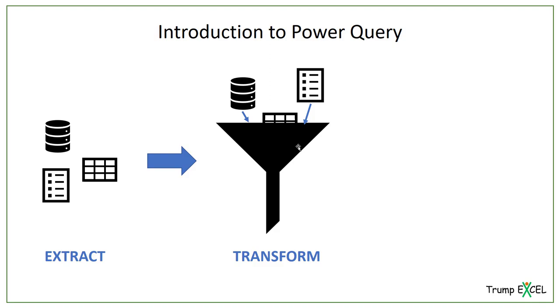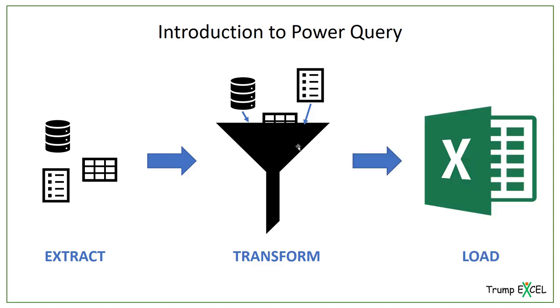So you need to remove the duplicates if they are there, or if the data is not in the pivot ready format, then you need to convert it. Once you have transformed the data, then you load the data. In this case the loading would be done in Excel, but in the data analysis world, the loading is done in any tool where you plan to show or create the reports.